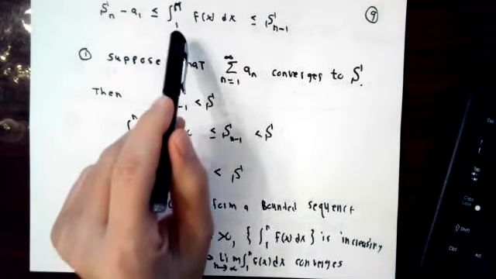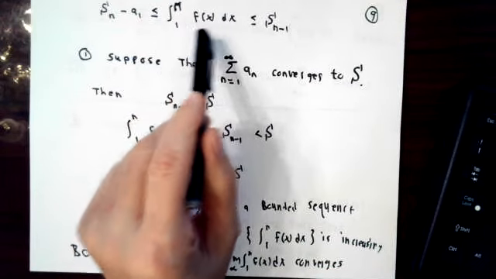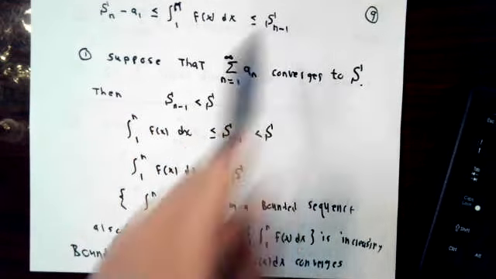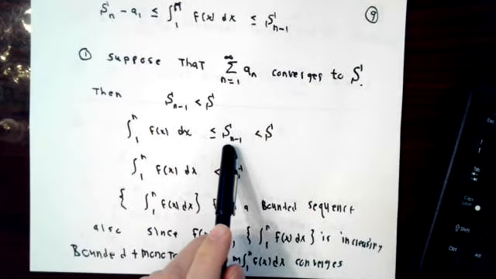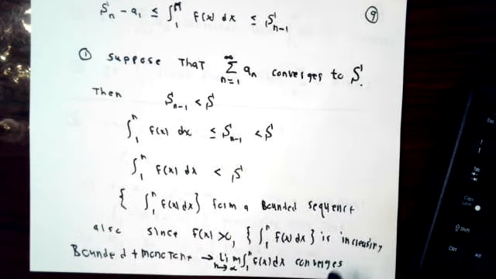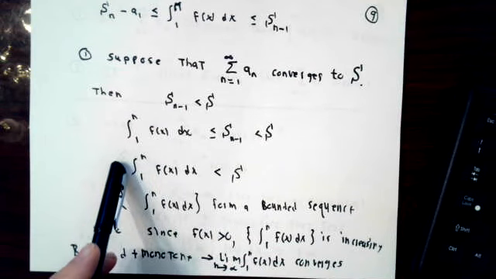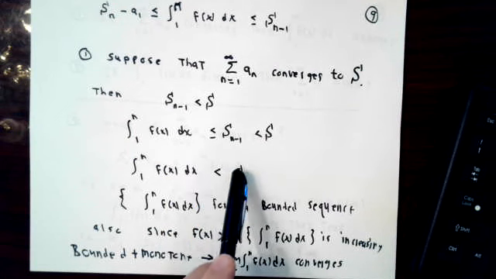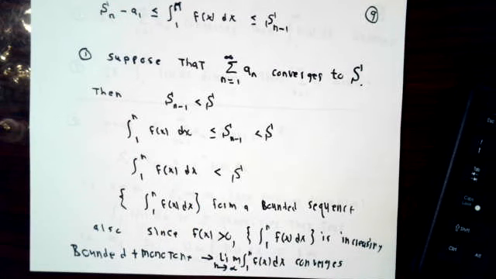Now, this says that the integral from 1 to n of f of x dx, which is not any bigger than partial sum number n minus 1, which is not any bigger than S, tells us that the integral from 1 to n of f of x dx is bounded above by some constant number S. The sequence of partial integrals, if you want to think of it that way, is bounded.